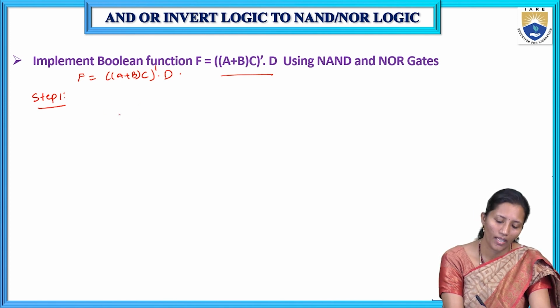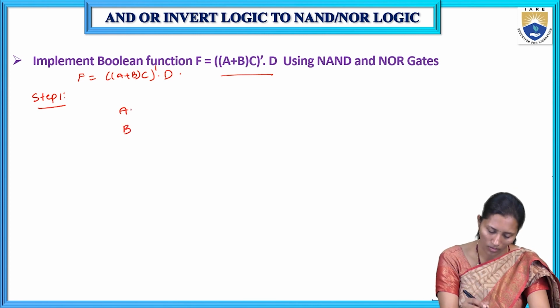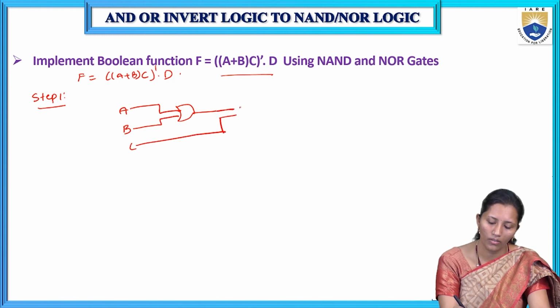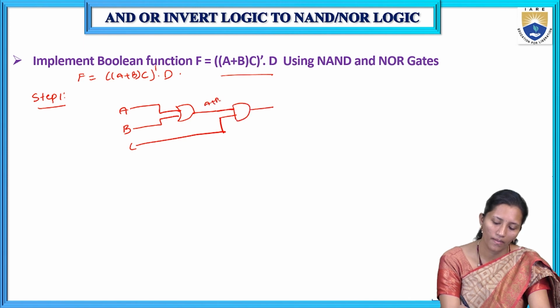So here A, B will be given to the OR gate, into C, and here we are getting A plus B.